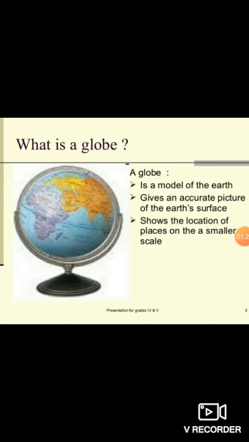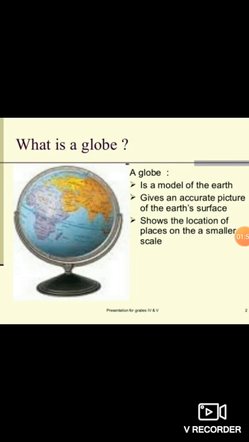What is a globe? Yes, it's a true model of the earth, a miniature form of earth, or we can say a smaller scaled earth. You might have seen varying sizes of globes. Some of you have pocket globes. In your school, you might have seen big globes, right?